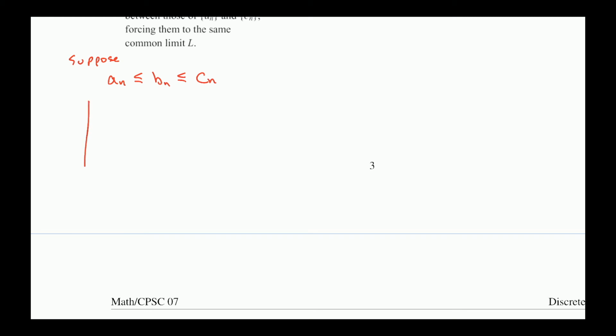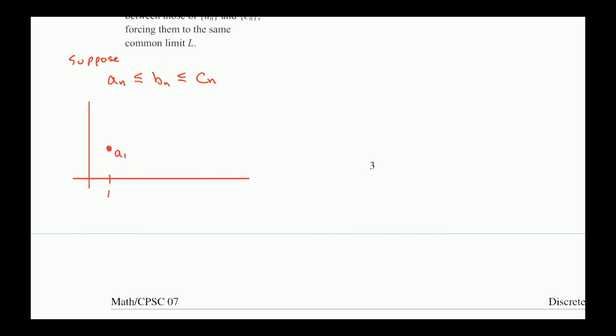So if you go on the picture, then if this is 1, for example, then you've got, let's say a_1, oh no, that's wrong. A is the small one. So let's say a_1 is the small one, so it's down here, right?